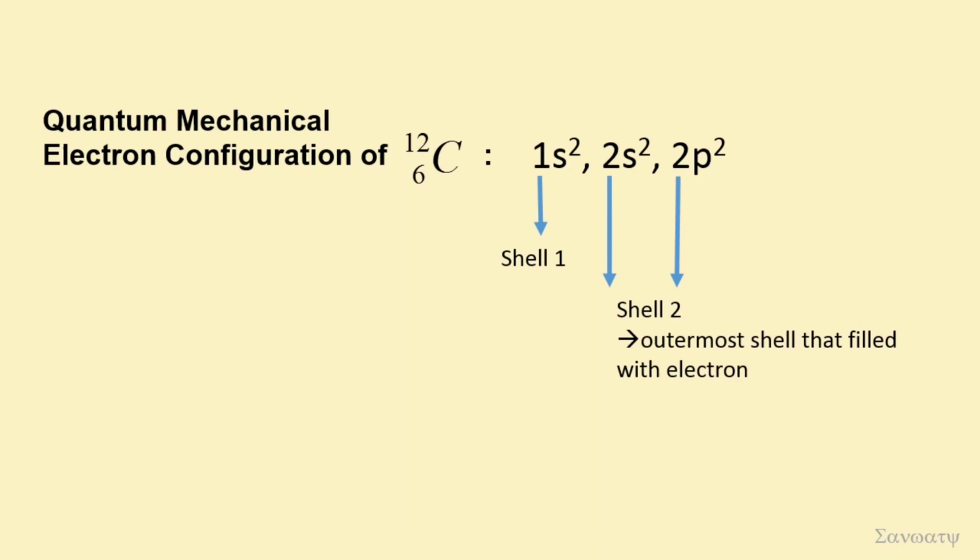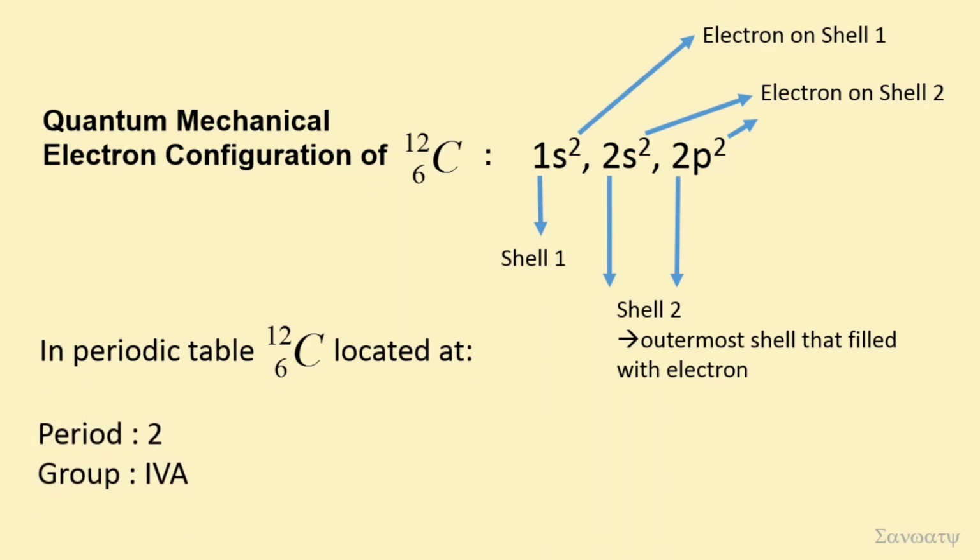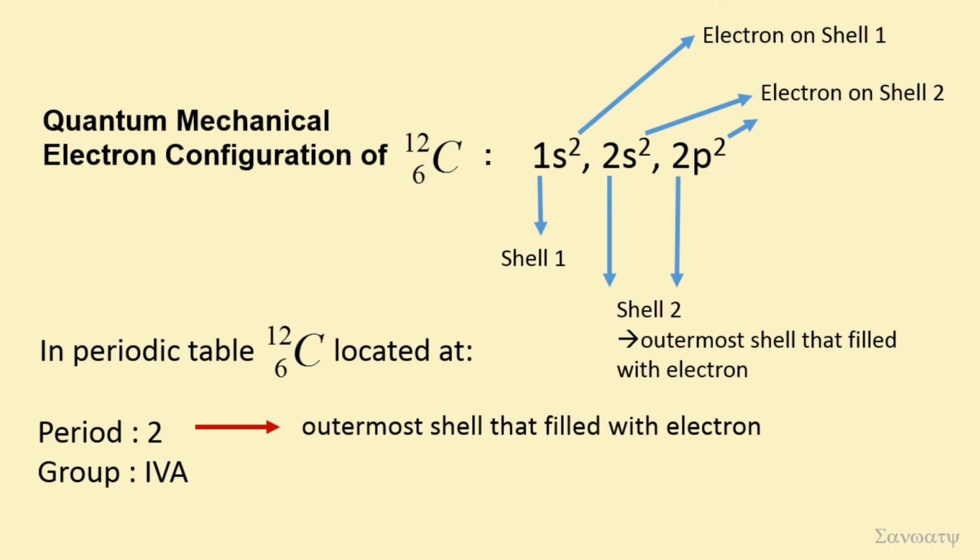If we look at the periodic table, carbon is located in period 2 and group 4A. The period is the outermost shell filled with electrons, and the group 4A tells us the total number of electrons in the outermost shell. That's how we can make an electron configuration using quantum mechanics.